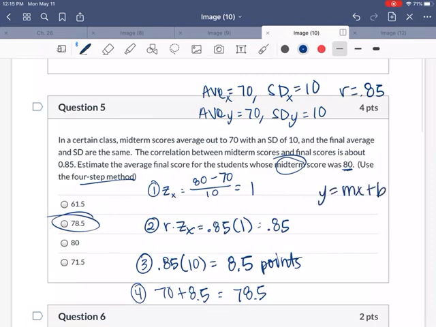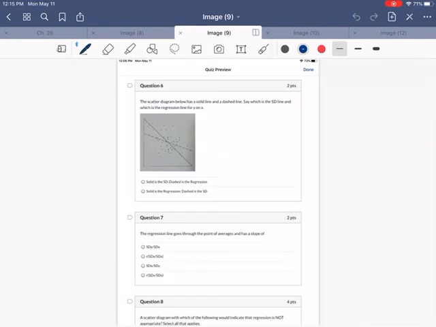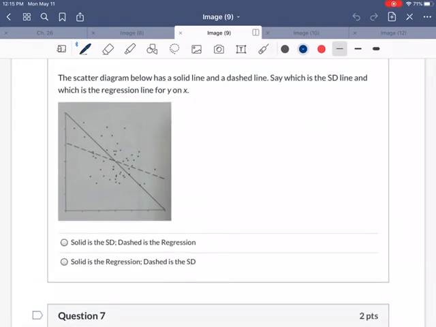So it's 78.5 points. You can also do this using the y equals mx plus b equation, where you figure out the slope, r times SD of y over SD of x, figure out what the intercept is, and there's a formula for that on our formula sheet. Plug each of those in, and then plug 80 in for x. So you've got 2 options to get there.